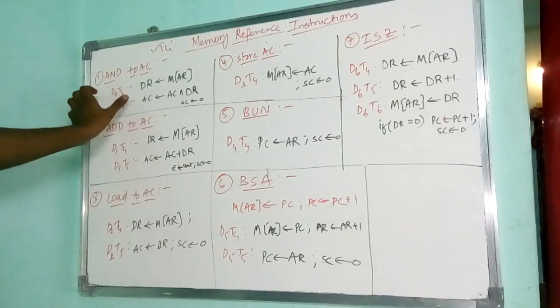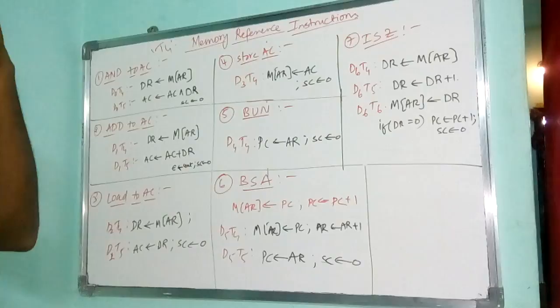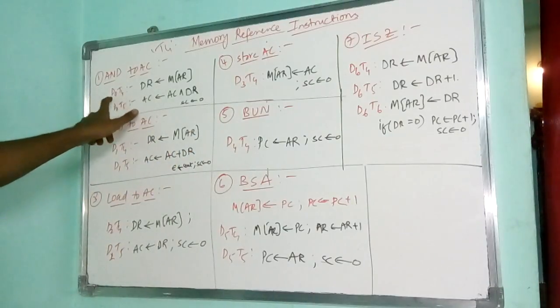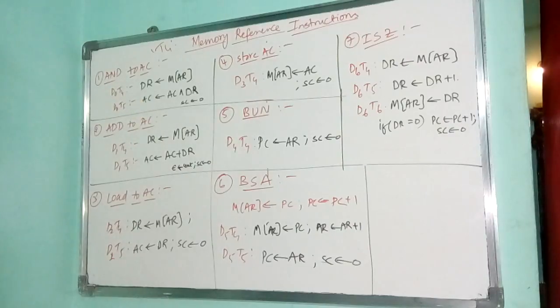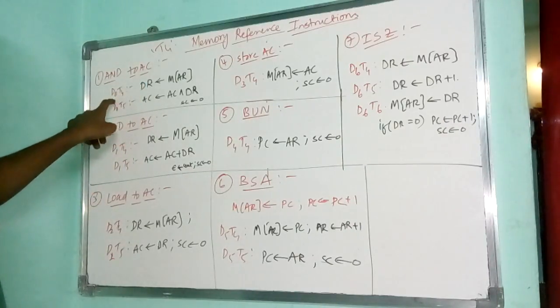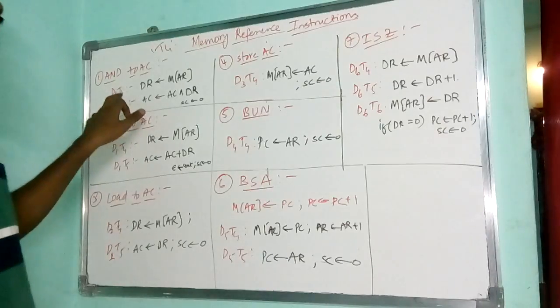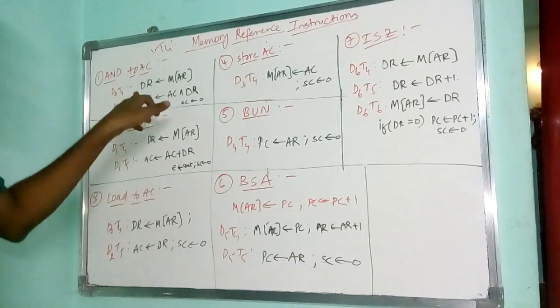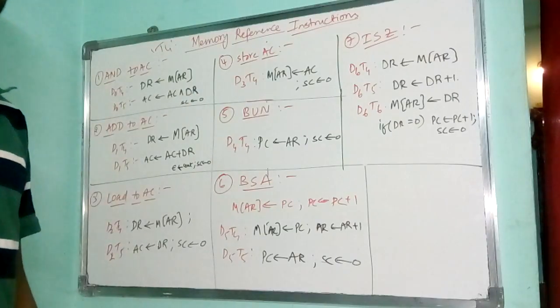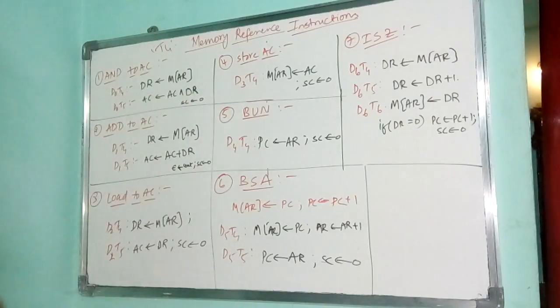Generally, a memory reference occurs when D0 is 1. So at D0 T4, D0 being decoder output 0, the memory content addressed by the address register is transferred to the data register.